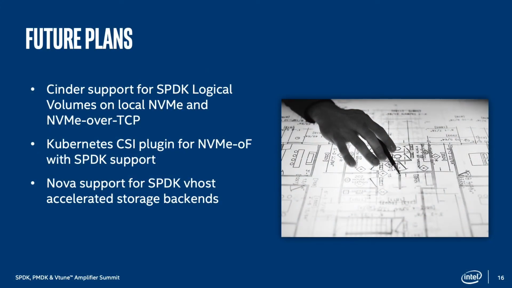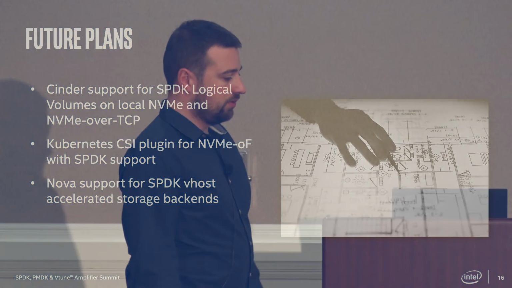As I mentioned before, today we use NVMF over Fabrics RDMA interface to connect SPDK and compute nodes. But as you probably already know from other presentations, SPDK also supports NVMe over TCP. And we are also planning to add this support to OpenStack, to Cinder and Nova.